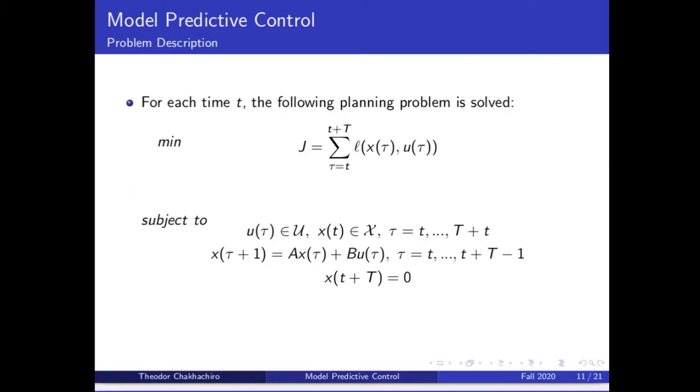Now, in model predictive control, we want to minimize the cost function, but from tau equal to small t to big T plus small t. This means that we are planning a specific control horizon which is equal to big T, for example 10. And here we are planning at each time step 10 steps ahead.